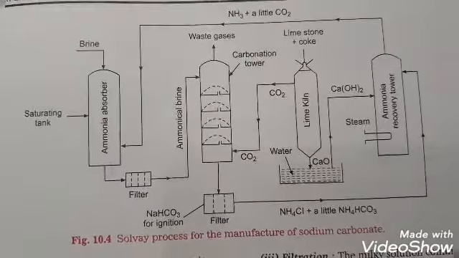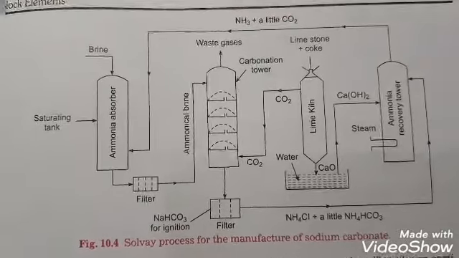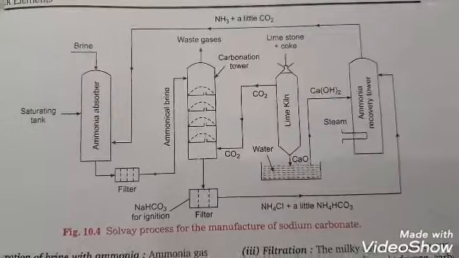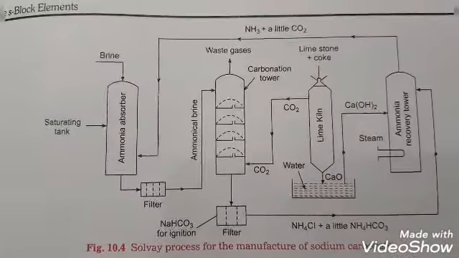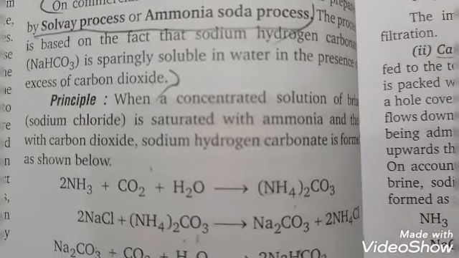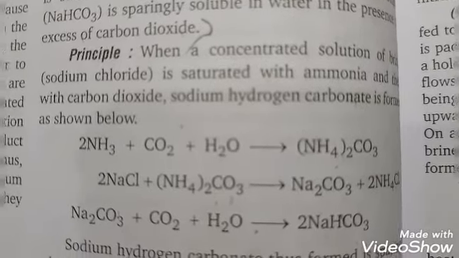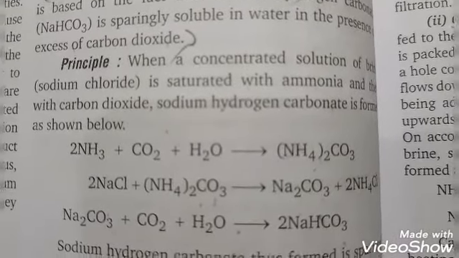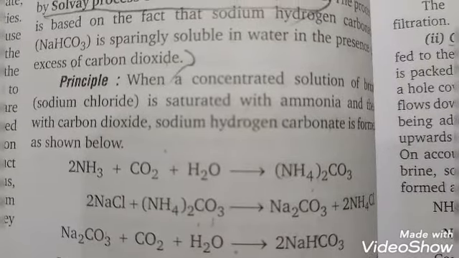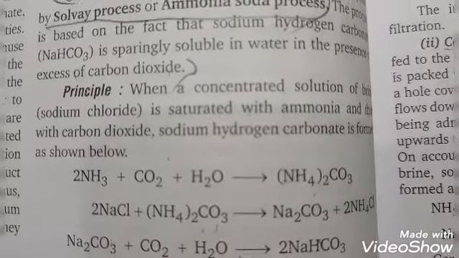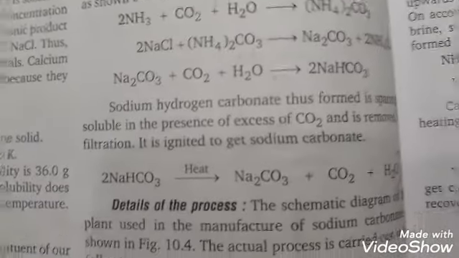The principle: when a concentrated solution of brine, that is NaCl, is saturated with ammonia and then with carbon dioxide, sodium hydrogen carbonate is formed. The equations go: 2NH3 plus CO2 plus H2O gives (NH4)2CO3. 2NaCl plus (NH4)2CO3 gives Na2CO3 plus 2NH4Cl, and Na2CO3 plus CO2 plus H2O gives 2NaHCO3.